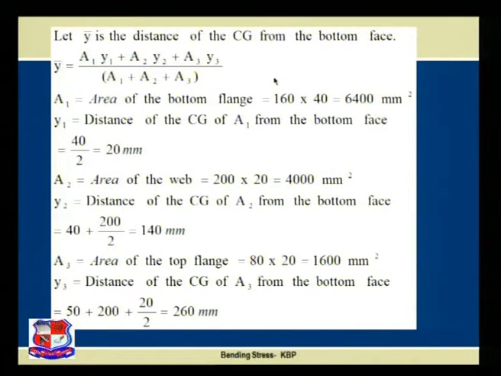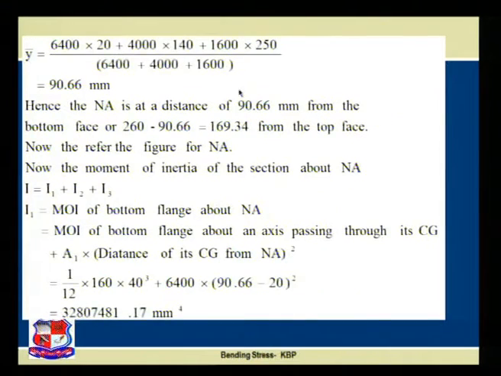Once we have found A1, A2, A3 and y1, y2, y3, we have to replace these values in this equation. So this is the equation: 6400 multiplied by 20 plus 4000 multiplied by 140 plus 1600 multiplied by 250, divided by the total area of the three different rectangles from which the I section has been made up, that is 6400 plus 4000 plus 1600, and we found y bar is 90.66 mm.